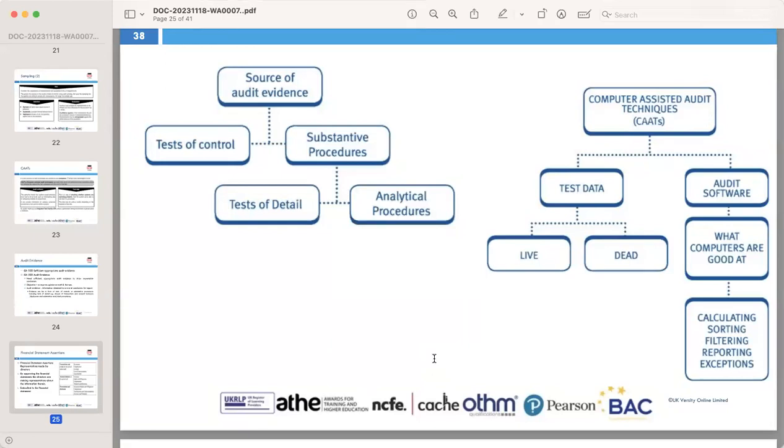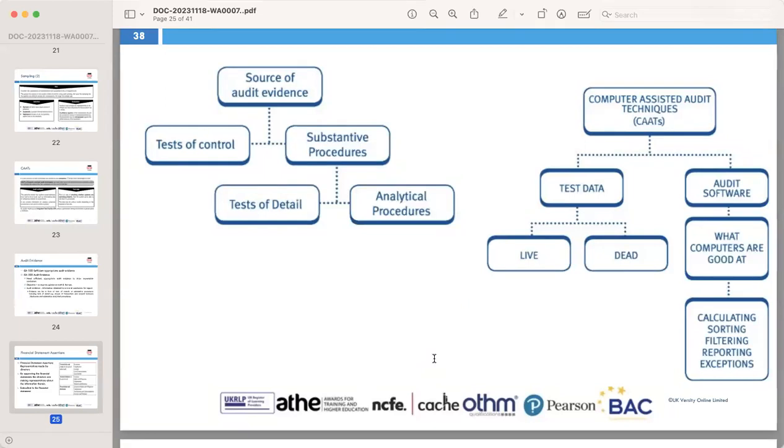In conclusion, the combination of traditional audit methods and modern computer-assisted techniques is essential for conducting a thorough and effective audit. Tests of control and substantive procedures ensure the accuracy of financial information, while analytical procedures provide broader perspectives.